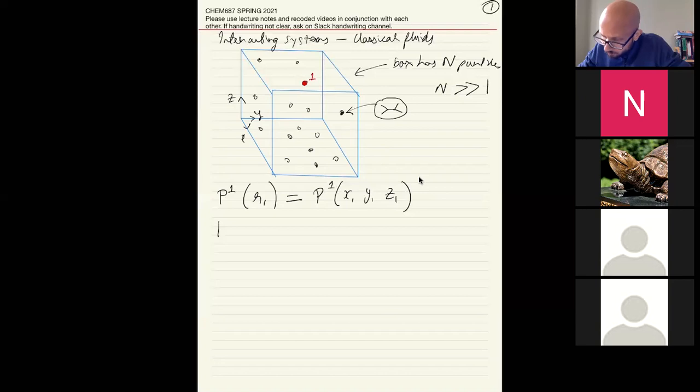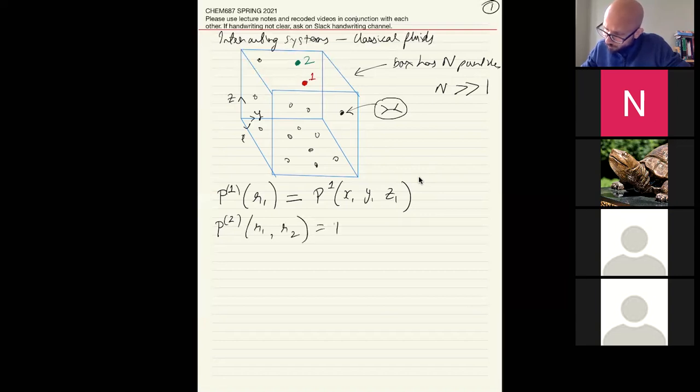We can generalize this. We can talk about the probability of finding two particles, and we color them. So we are talking about specific particles so far. We talk about the probability of finding particle number 1 and particle number 2 at R1 and R2.